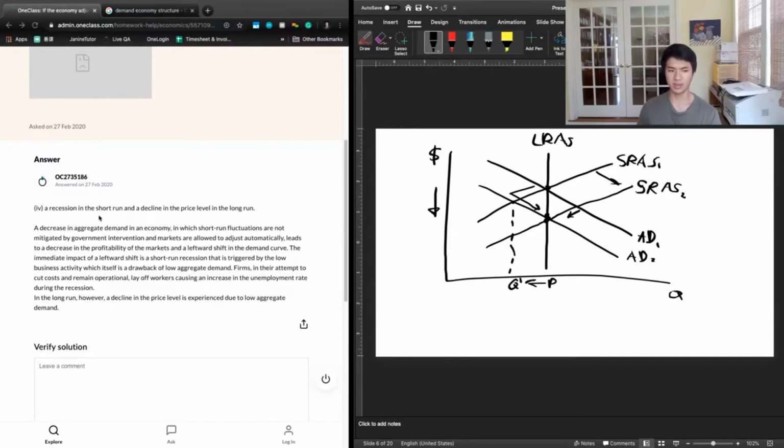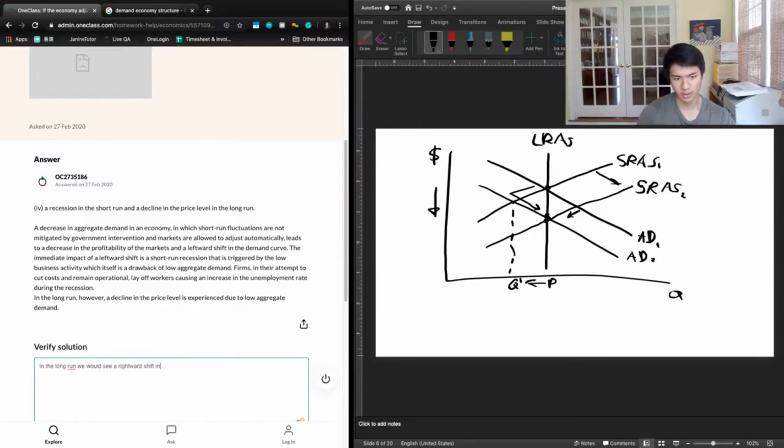Firms, in their attempts to cut costs and remain operational, lay off workers, causing an increase in unemployment rate during the recession. In the long run, however, a decline in the price level is experienced due to low aggregate demand, and we would see a rightward shift in short-run aggregate supply curve to return output to full potential level.